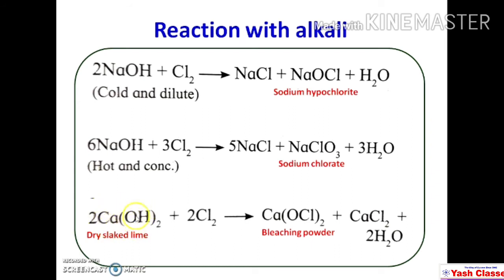But calcium hydroxide free from water, that is dry slaked lime, reacts with chlorine and there is a formation of bleaching powder. Bleaching powder is also one of the best oxidizing agents, and simultaneously we get calcium chloride and water. So this is the reaction with alkali.